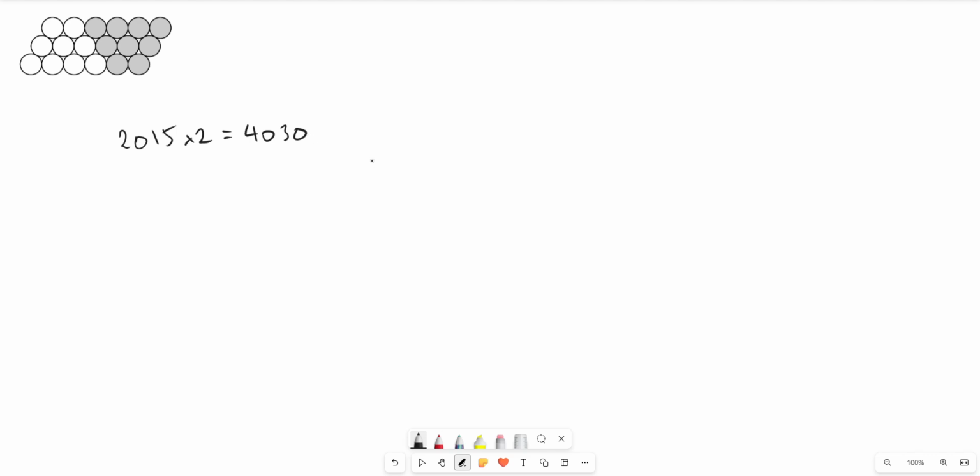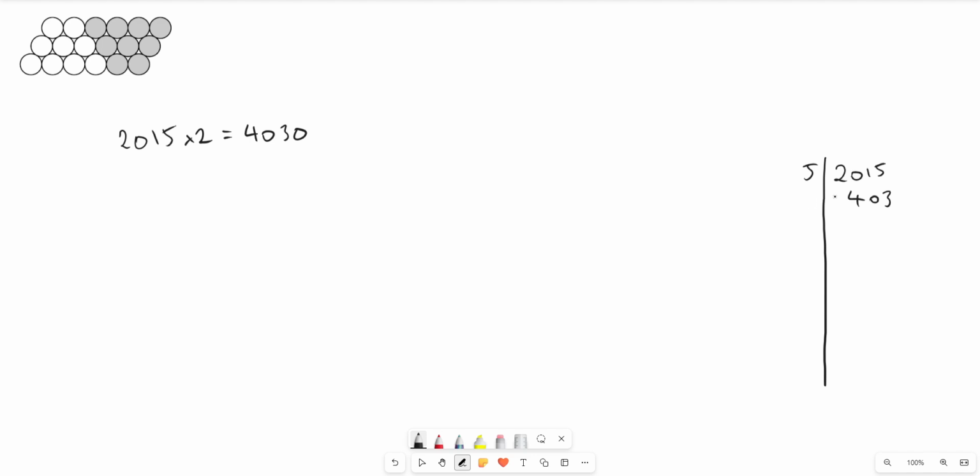So what we can do is take the factors of this number, not essentially just prime. 4030 is 2015 times 2. An easy way to do that is to just multiply the factorization of 2015 by 2. So we can do that right here. Okay, so 2015 can be divided by 5, which will give us 403.